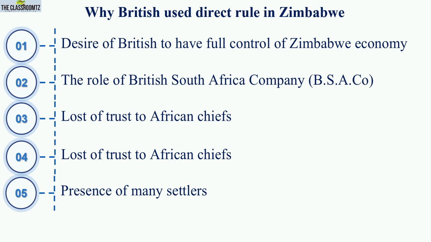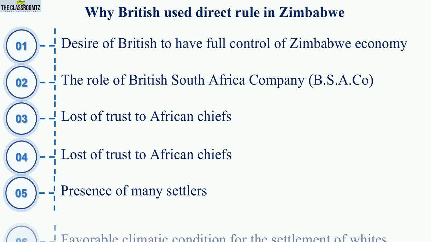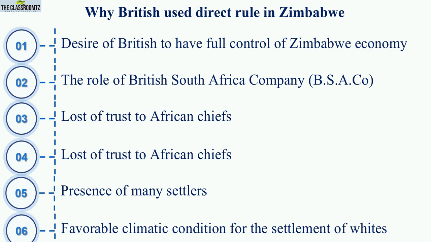There was a high number of settlers, and their presence simplified the system of governing. And the last, favorable climatic conditions for the settlement of whites. The conditions in Zimbabwe were not harsh or bad for Europeans to settle. That's why many Europeans settled in Zimbabwe, and it was easy to apply direct rule.